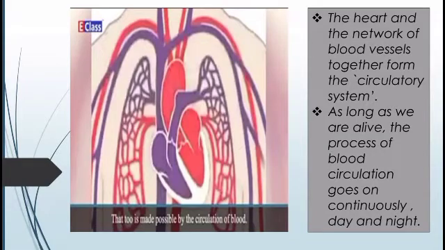Why is it called a circulatory system? Because the blood moves from one part of the body to another. That is called blood circulation, and that is why it is named the circulatory system. So as long as we are alive, this process of blood circulation goes on in the body continuously, day and night.